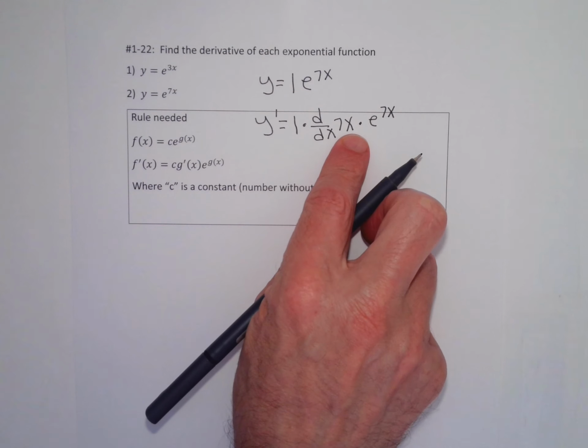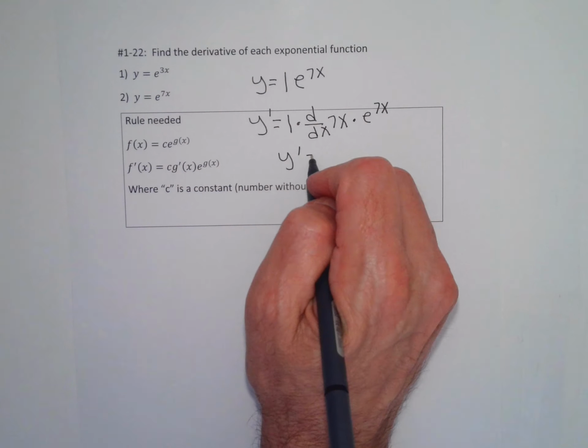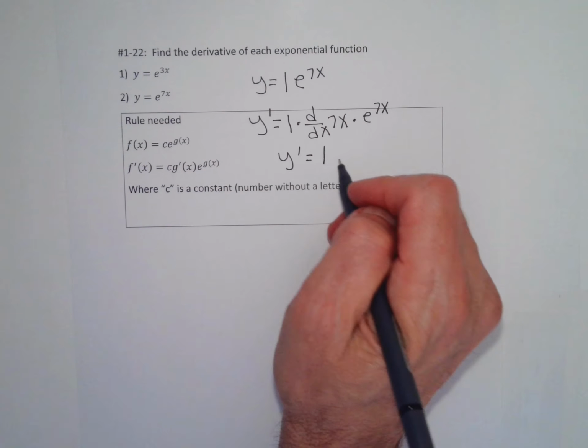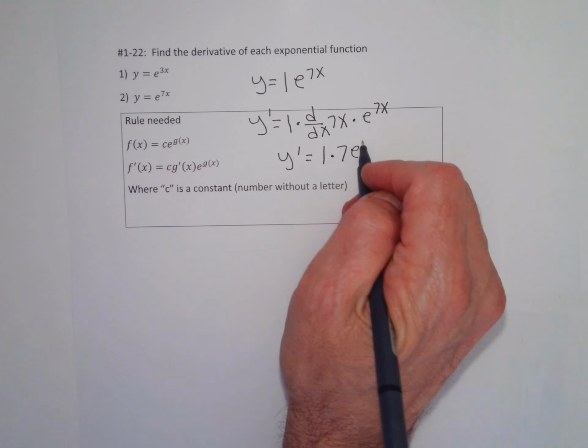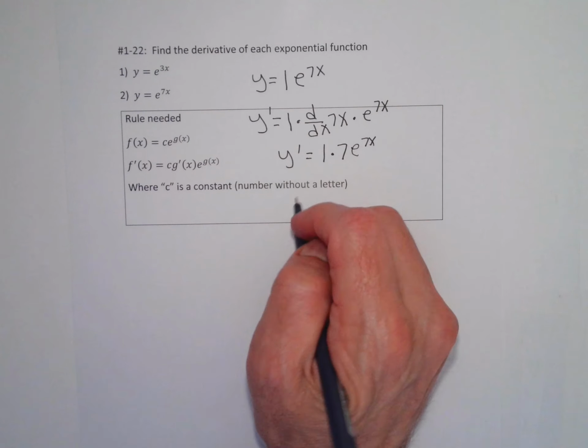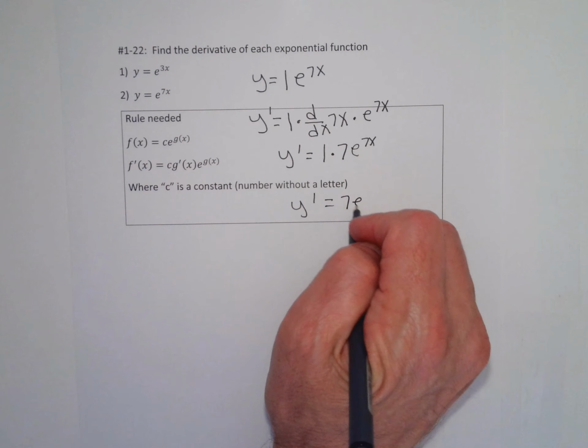The derivative of the exponent, the derivative of 7x, is just 7. So this is going to be the coefficient 1, which I really don't need to write, times the derivative of 7x, which is 7, times e to the 7x. So the derivative here is just going to be 7e to the 7x.